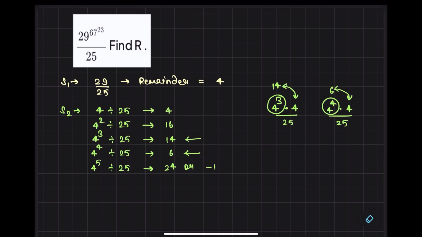I told you that we have to search for 1 or minus 1. If we get 1, the cyclicity will be the number of steps. If we get minus 1, the cyclicity will be 2 times the number of steps. So we got 5 steps, so 2 times 5 is 10, and the cyclicity is 10.